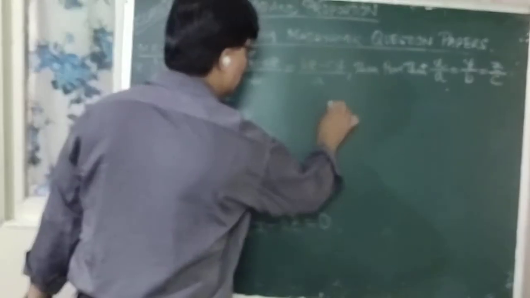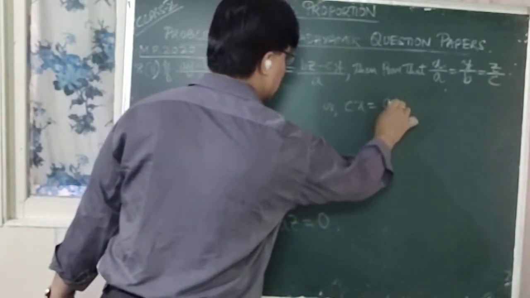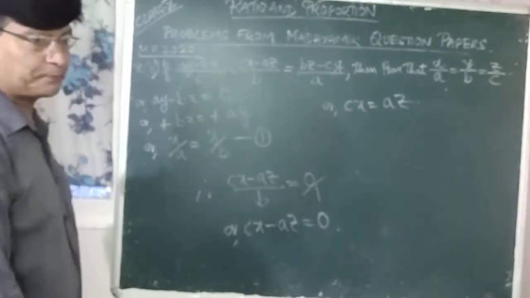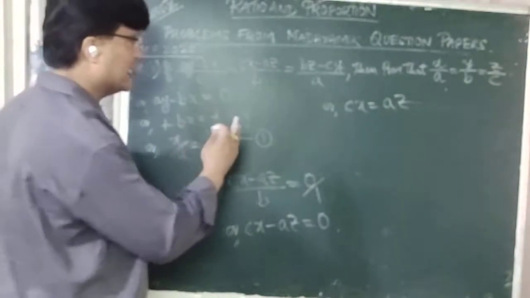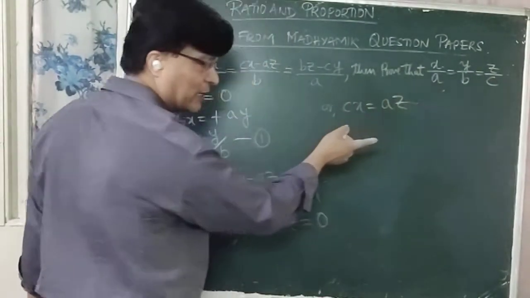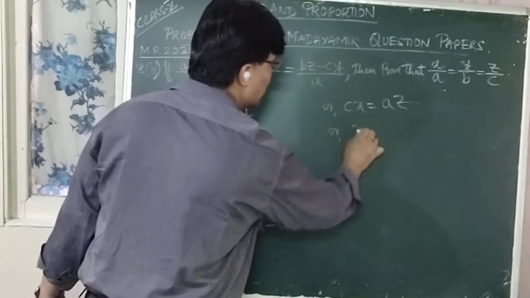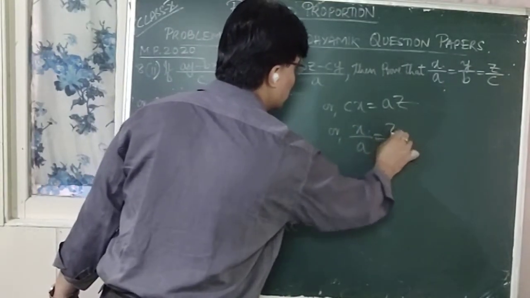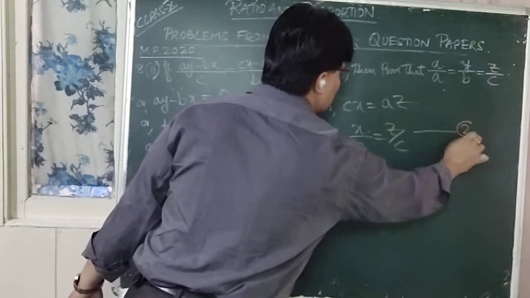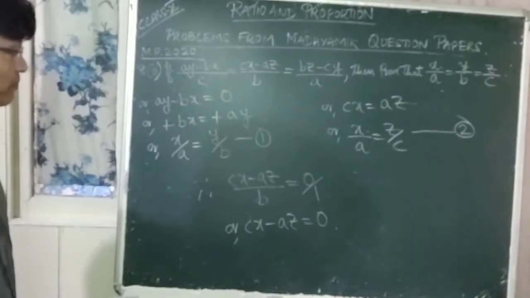So cx is equal to az. Now a, take it to the left hand side, and c, take it to the right hand side. So what do we get? x upon a is equal to z upon c. Suppose this is equation number 2.